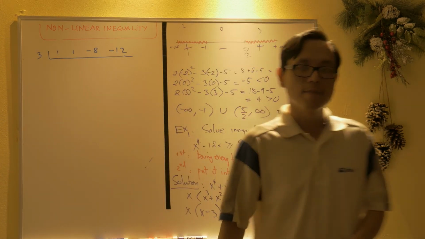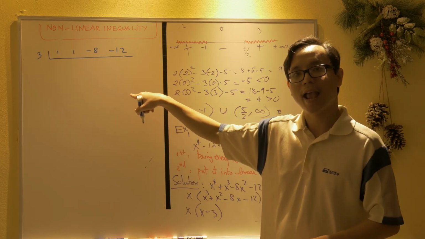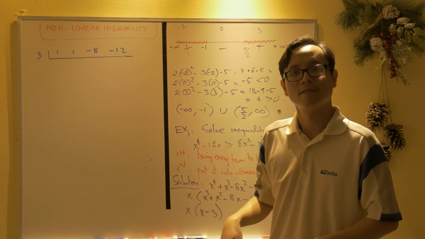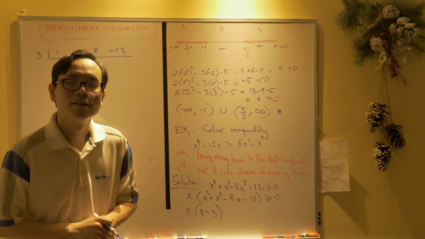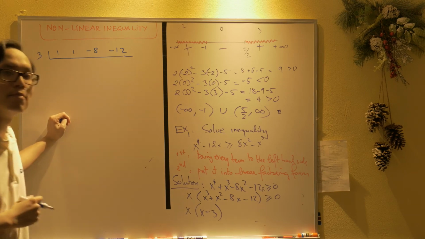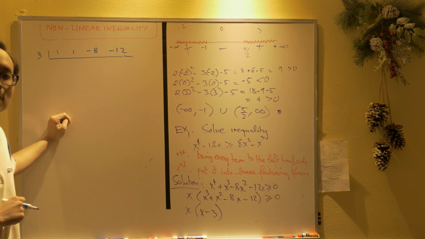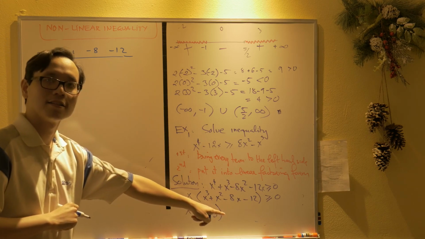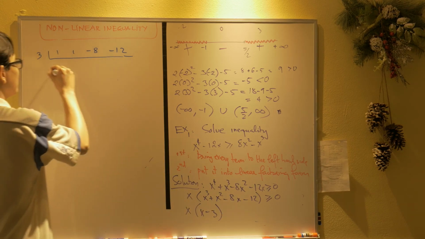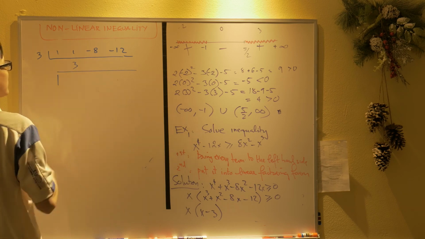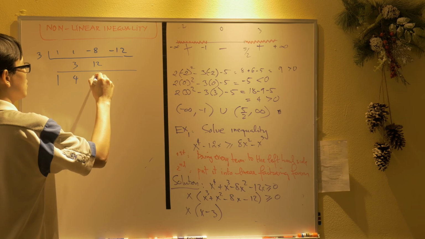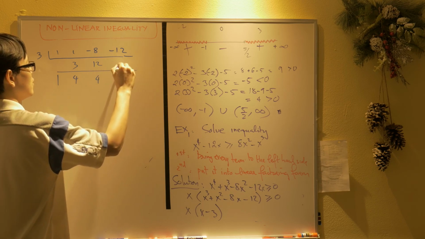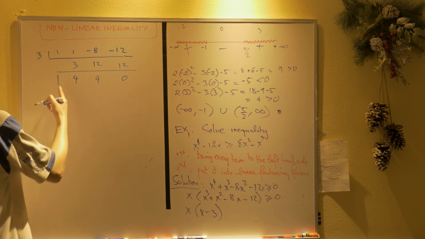If 3 is 0, it means our remainder at the end is 0. And the numbers we have in front are the coefficients of our quotient, which is the coefficient of our next factor. So we get 1, 3, 4, 12, 0.